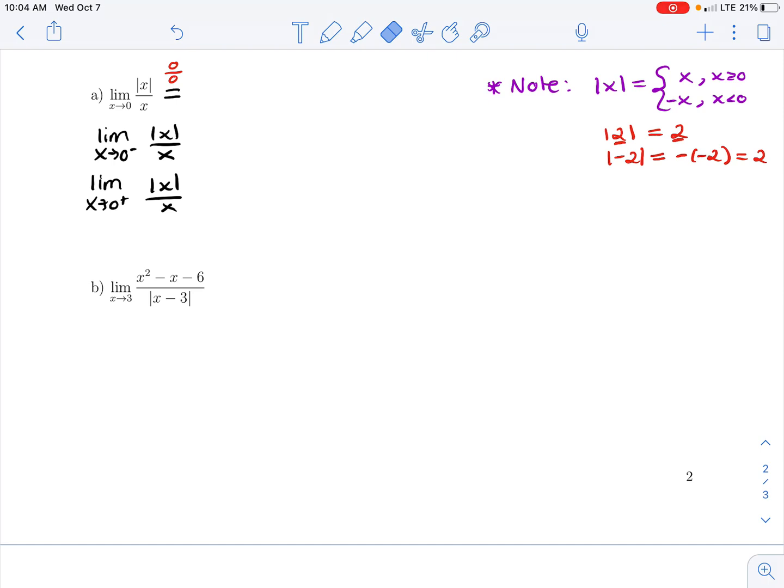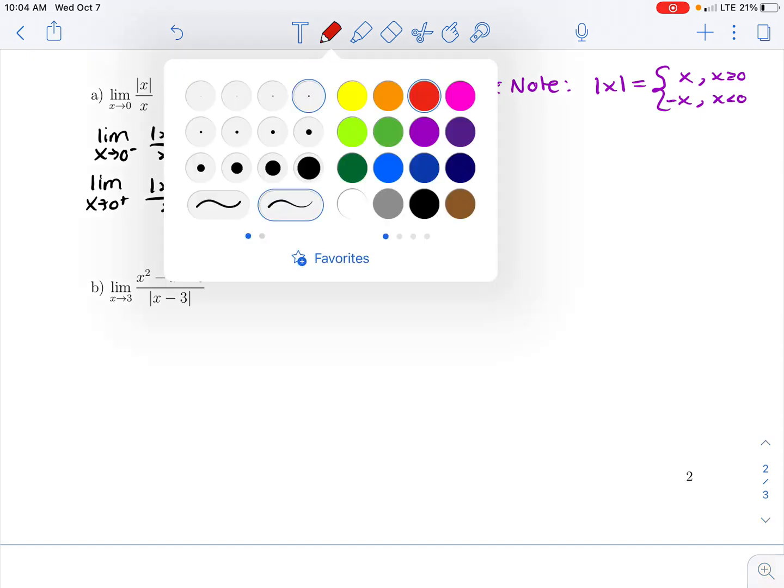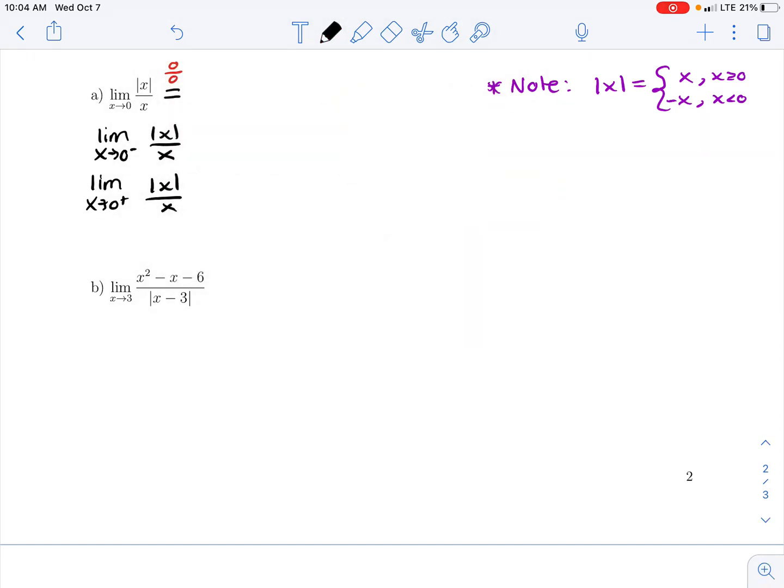So that's how that whole thing was defined. And so now, when we go over and try to do these limits here, I need to figure out which condition I should use. So this brings us back to what we were doing beforehand. Okay, so for x values to the left of 0, which function do I want to use? Do I want to use x or do I want to use negative x?